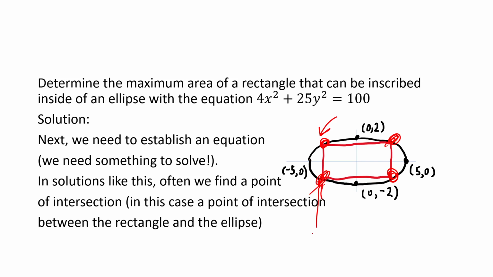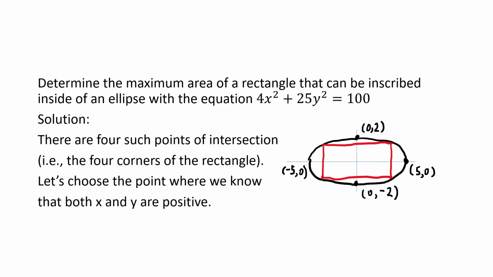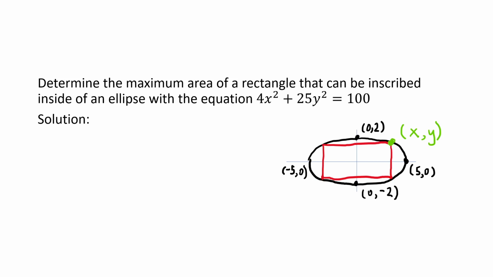If we choose that point, we'll have a negative x and a negative y. And if we choose that point, we'll have a negative y. So let's choose this point. We'll know that x and y are both positive if we do that. Okay? So we're going to let x and y be represented by that green point.